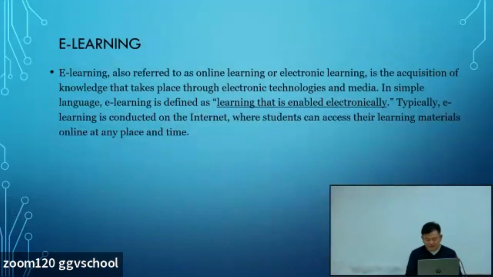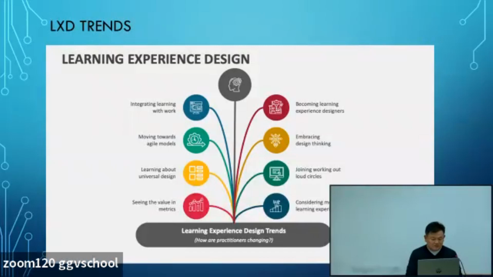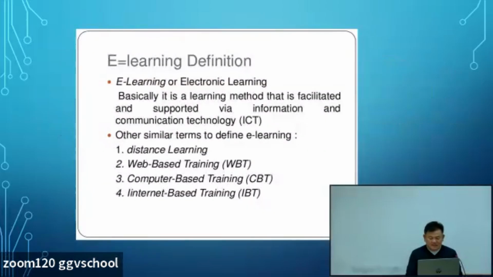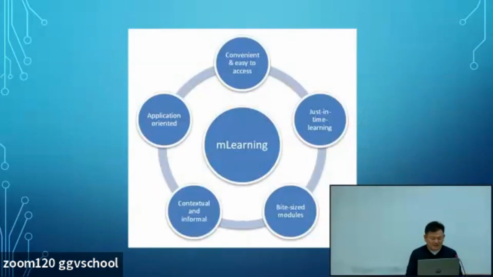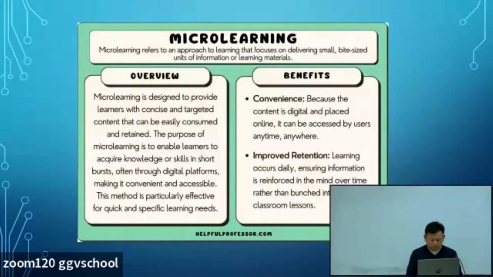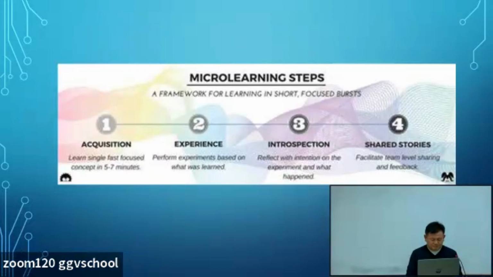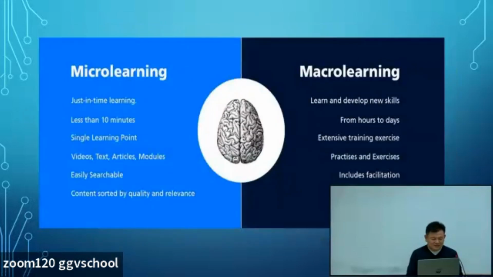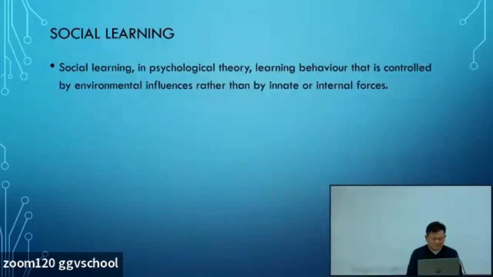So last week we reviewed several kinds of learning systems, for example e-learning, m-learning, micro-learning and macro-learning. Also five examples of micro-learning content, such as quizzes and games. And what is the difference between micro-learning and macro-learning.